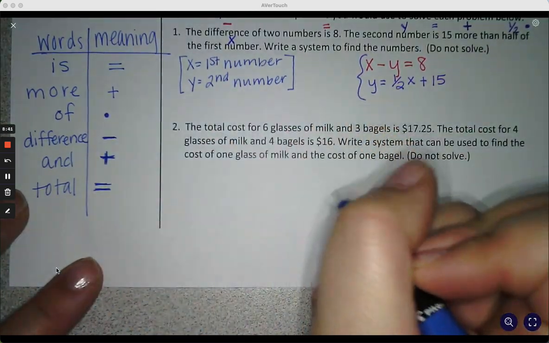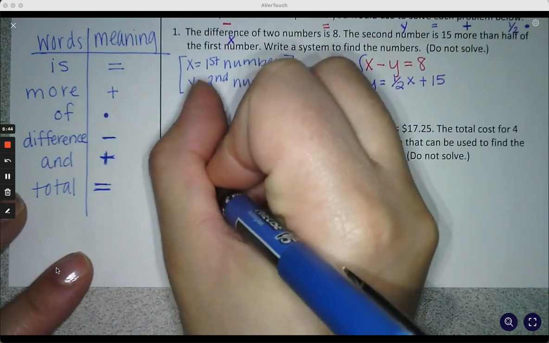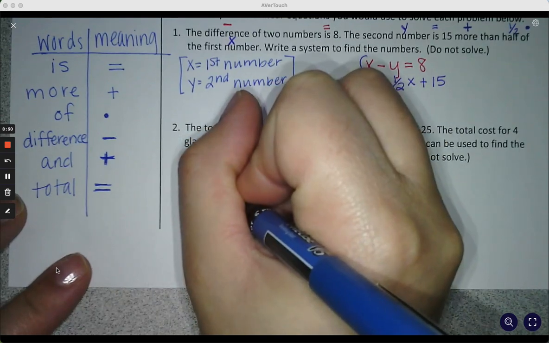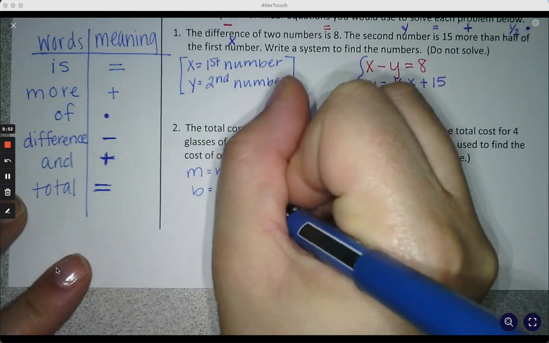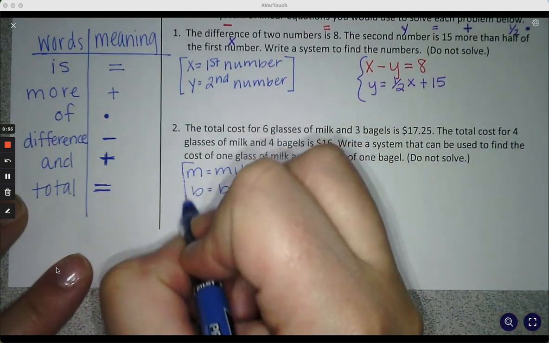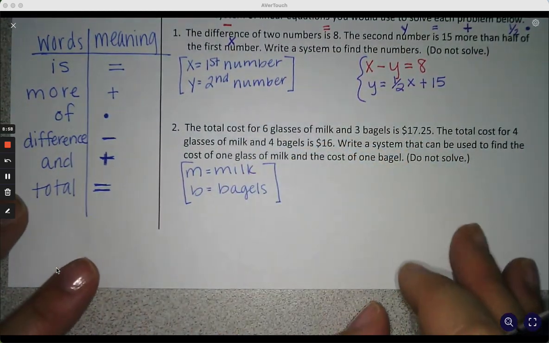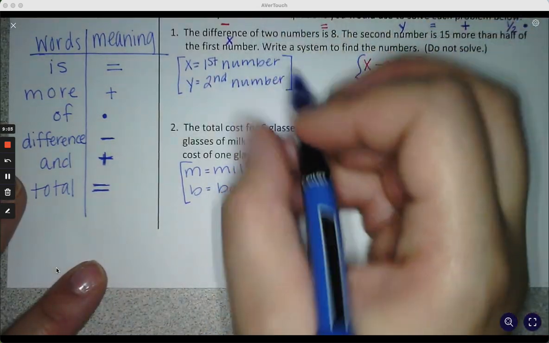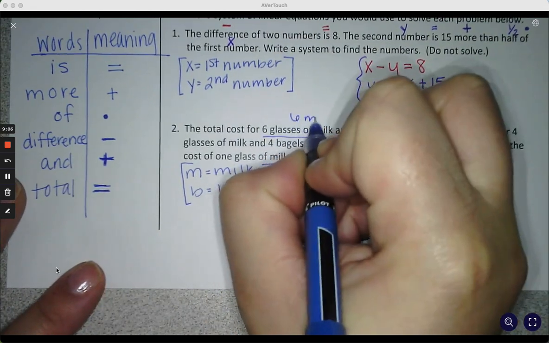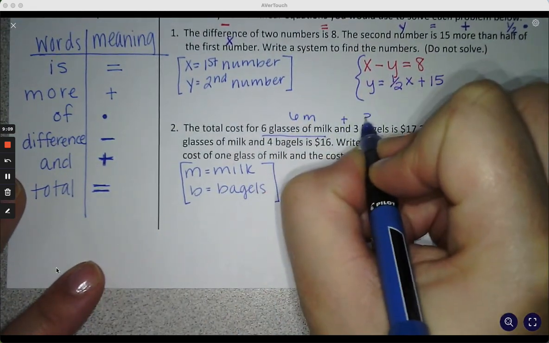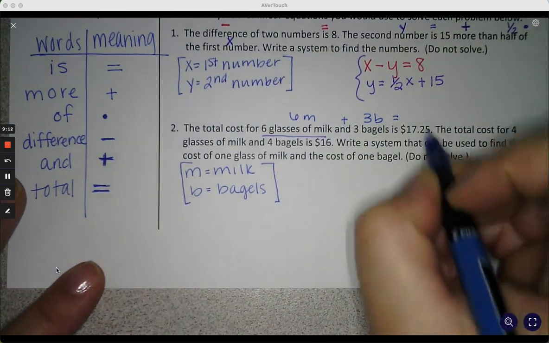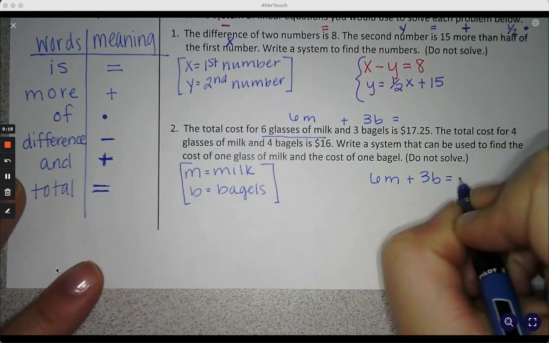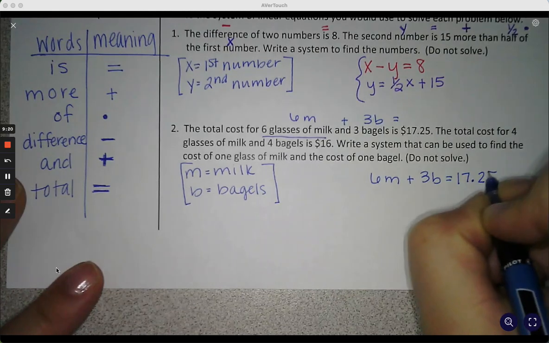Okay, so because we're dealing with milk and bagels, let's just do M for milk, B for bagels. Okay, so we identified our variables. 6 glasses of milk, so that's 6M, and 3 bagels is, so there's my first equation right there, 6M plus 3B equals your total, 17.75.